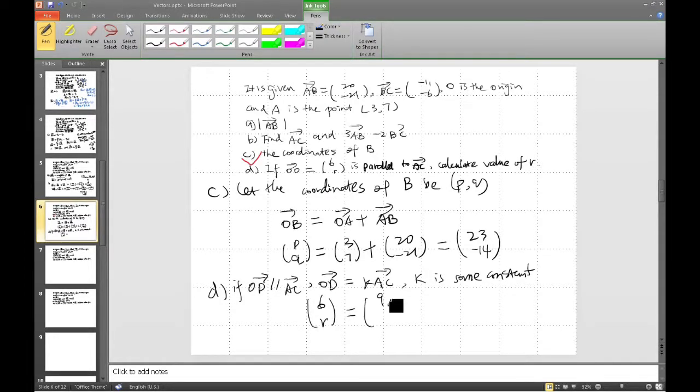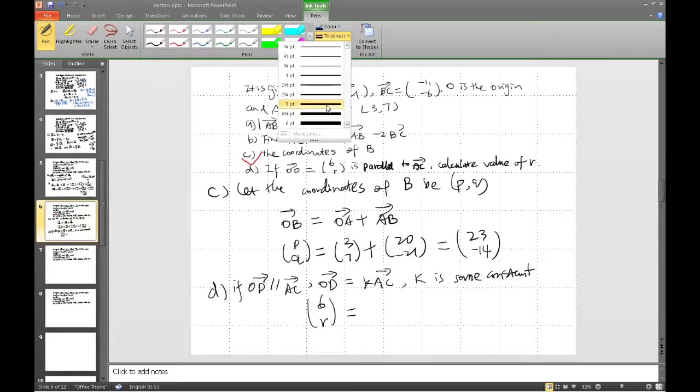Remember this. Therefore, we have OD, 6 over R, equals 9K over minus 27K. And if you don't understand this, let me remove it.